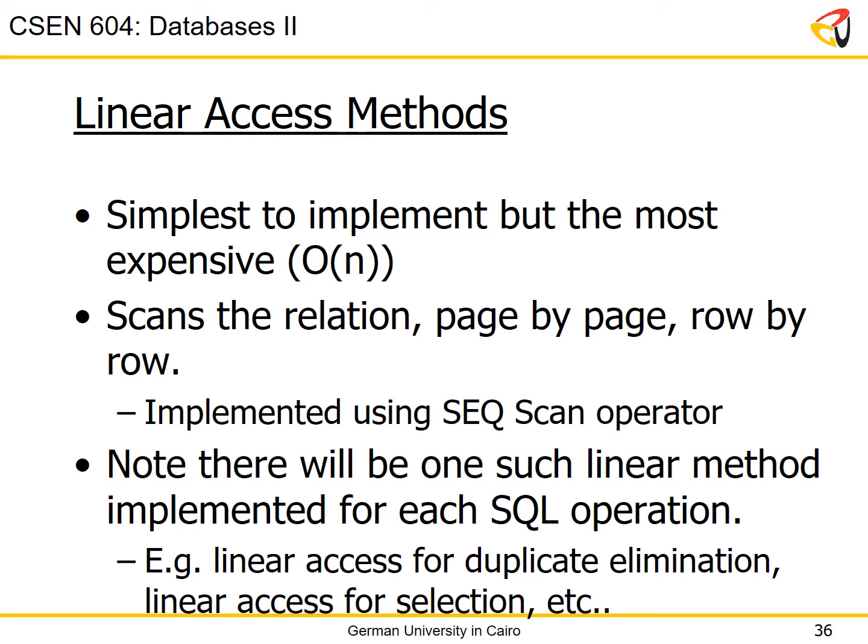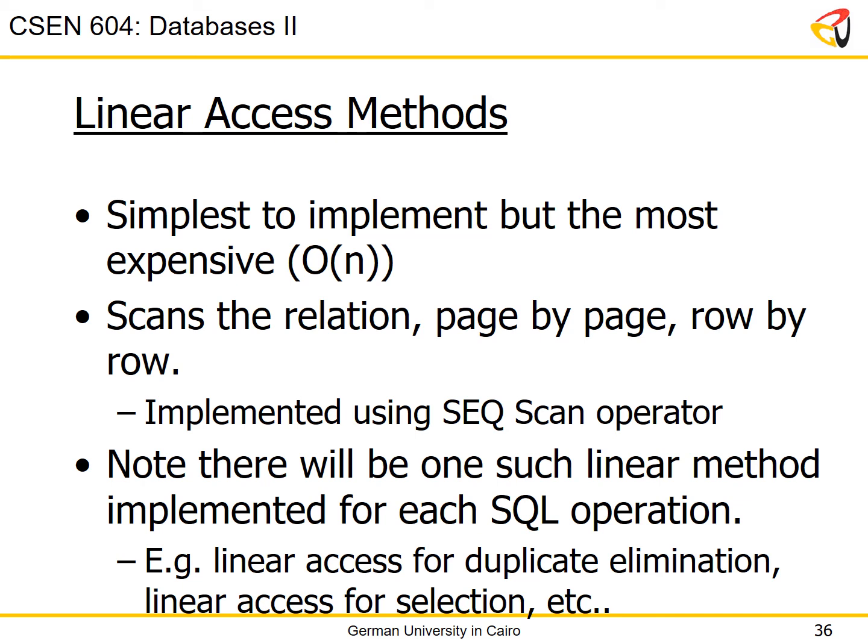If you're doing some kind of duplicate elimination in your SQL by using the distinct keyword, there is a linear scanning implementation for duplicate elimination, which means go from the first row to the last row, eliminating duplicates. Okay?